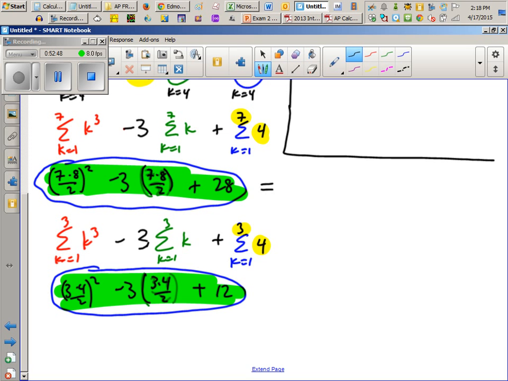So basically I have 56 over 2, so this is 28 squared minus 3 times 28 plus 28. And this is 6 squared minus 3 times 6 plus 12. Your calculator can get you these numbers.